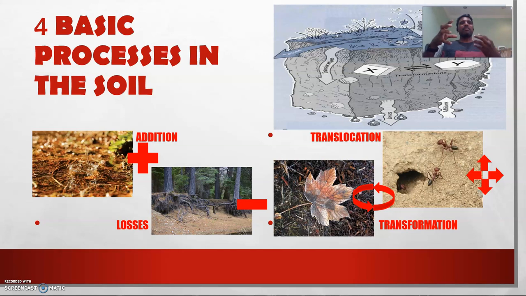This change is what we call transformation. From its original physical state, it's transformed into compost, into organic material. Okay, remember the basic processes in soil: addition, losses, translocation, and also transformation. Thank you.